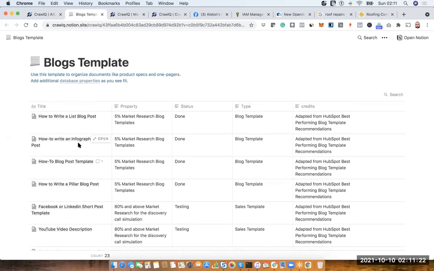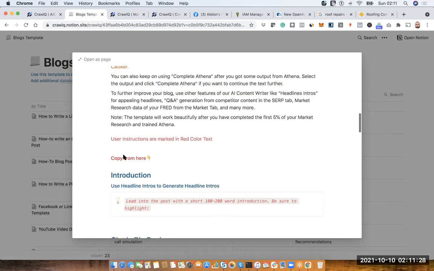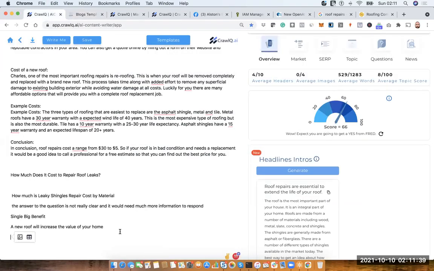And it's also integrated with Athena. So when you highlight it and tell it to write it for me, Athena knows it's going to use the database to answer that question for you.